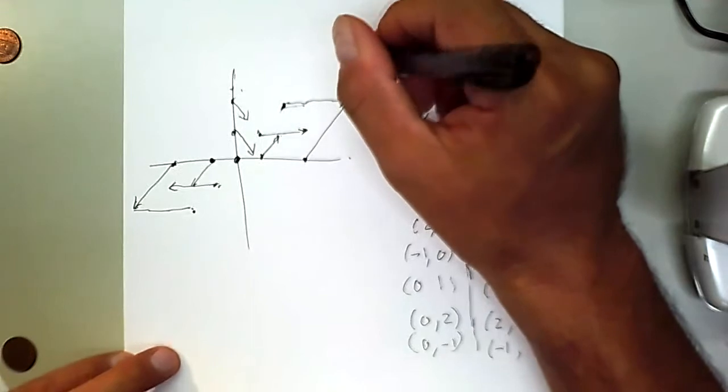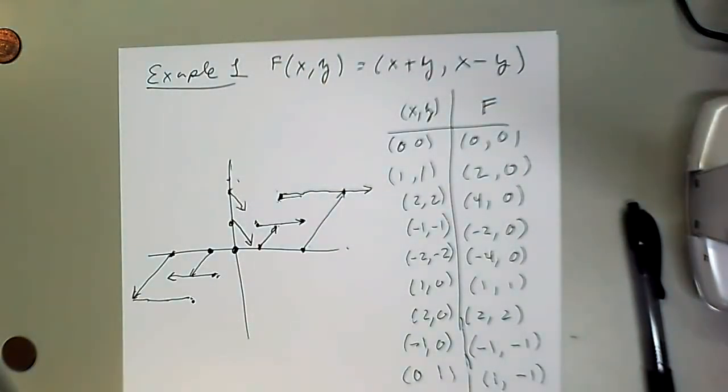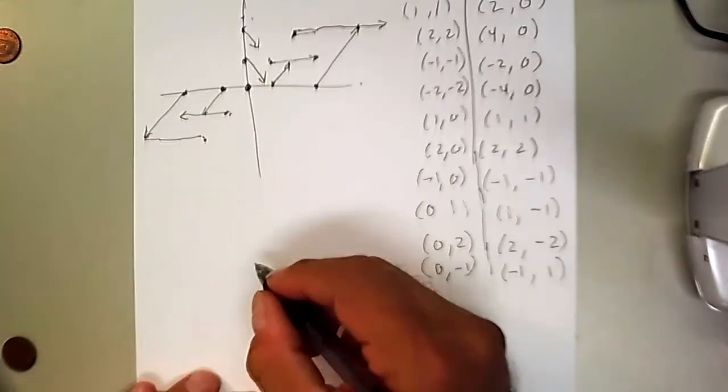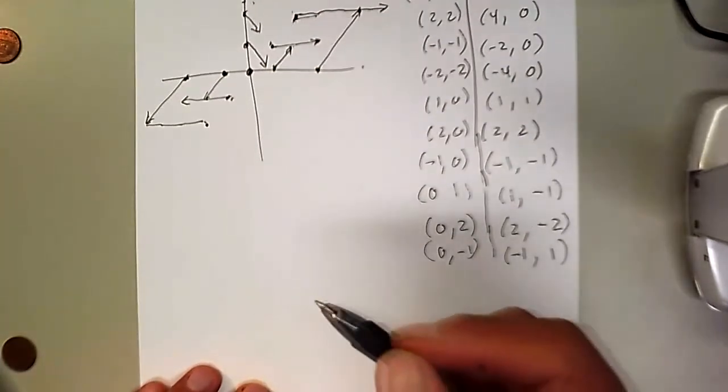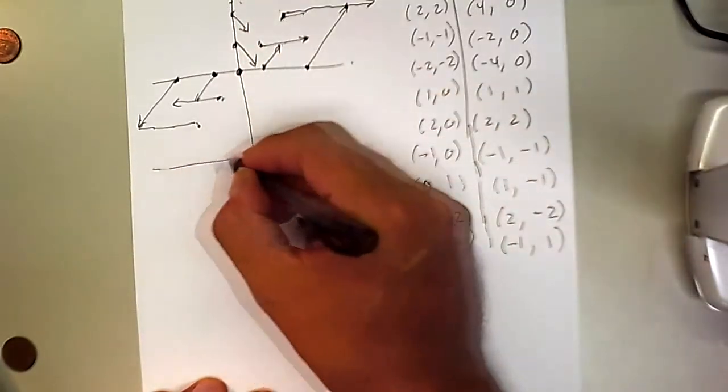Yeah. So you can see pictures of vector fields in any calculus book. They are pretty neat. Let me give you sort of a generic one. So that was the end of example 1.